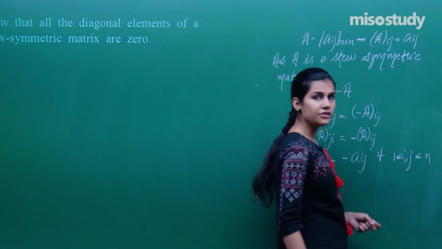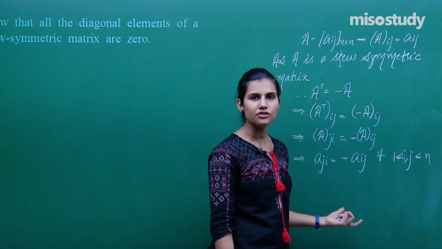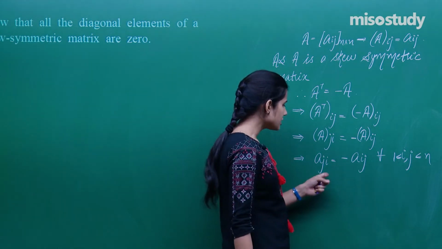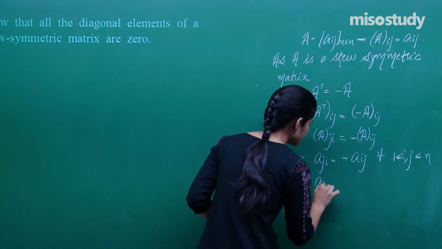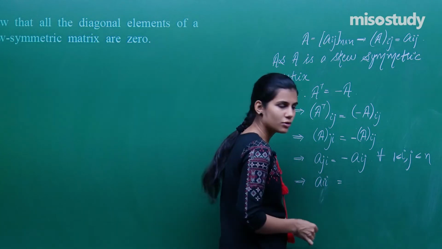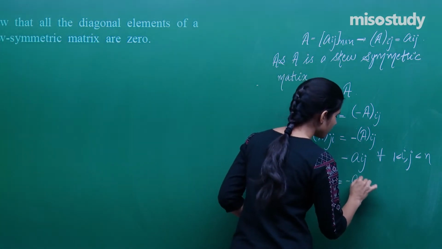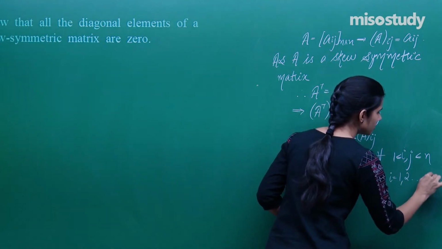This is for every entry. If for every entry this is true, that means specifically for diagonal entries also it is true. Diagonal entries means both i and j are equal. This implies aij, or I should better write aii, when j is equal to i, then aii is equal to minus aii for all i varying from 1 to n.